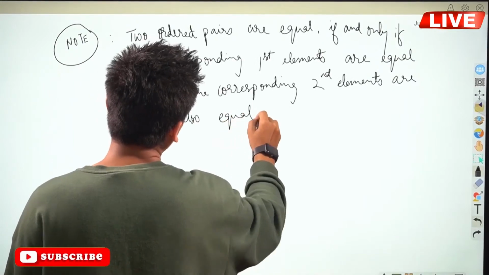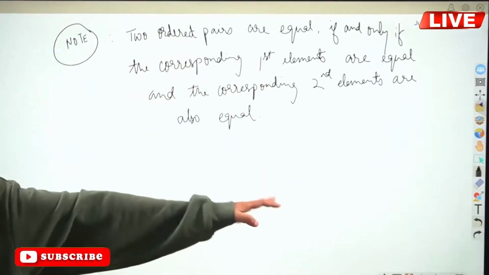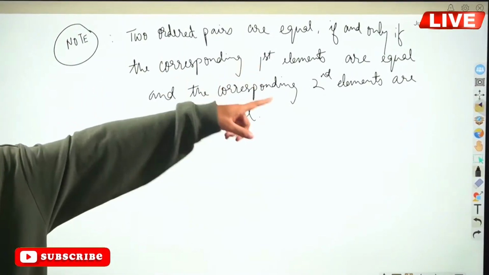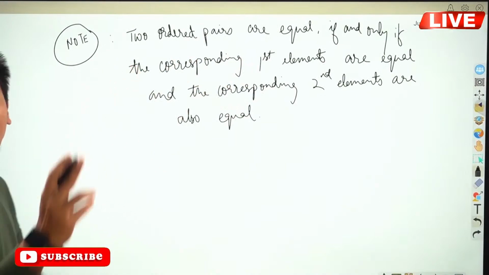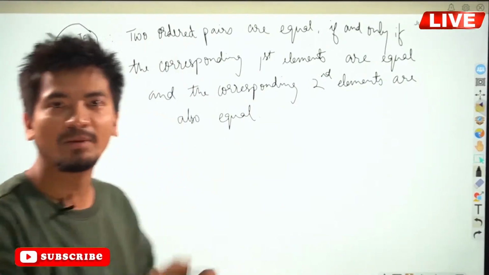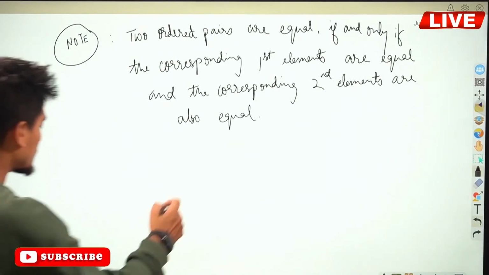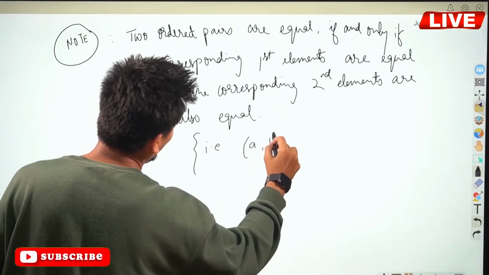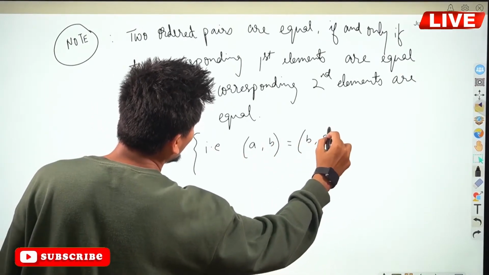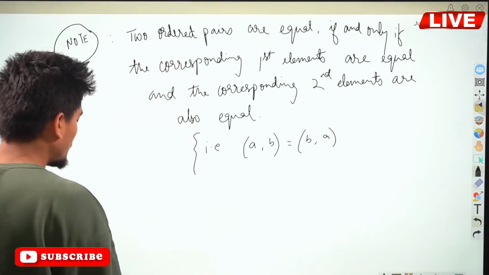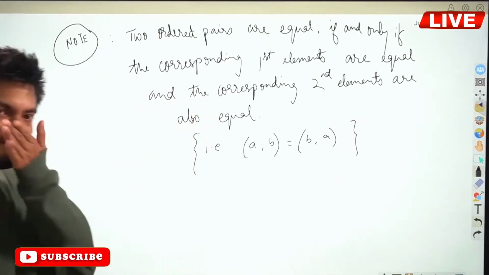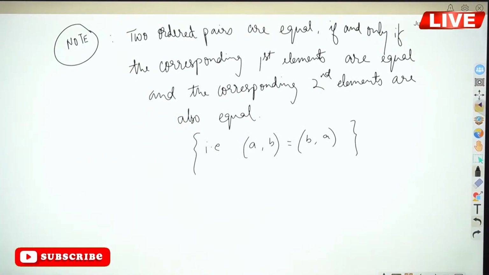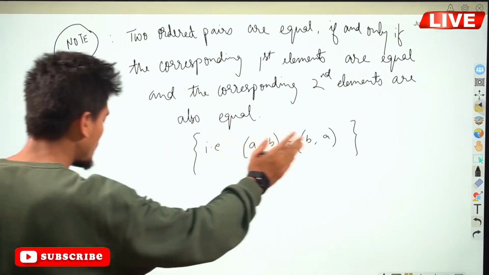This is what we have learned in the ordered pairs. Those ordered pairs in the Cartesian product are equal if and only if the corresponding first elements are equal and the corresponding second elements are also equal. That means, how can we show it? A comma B is equal to B comma A, only if the ordered pairs are equal.